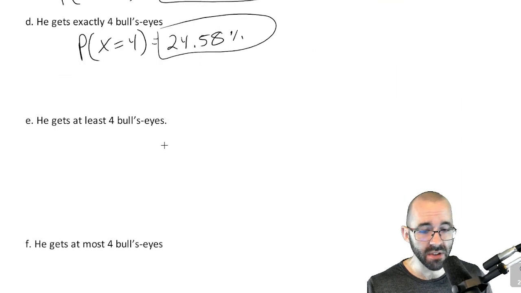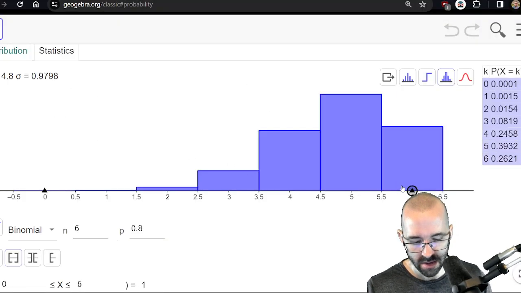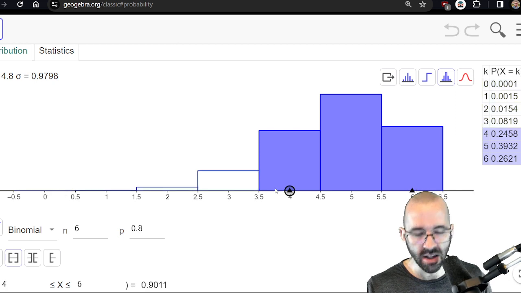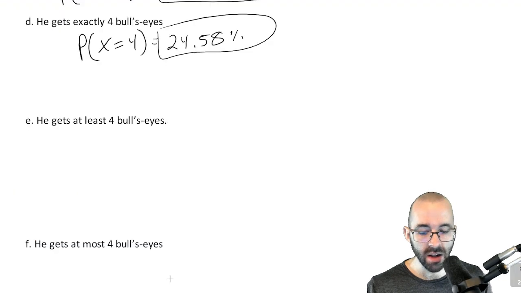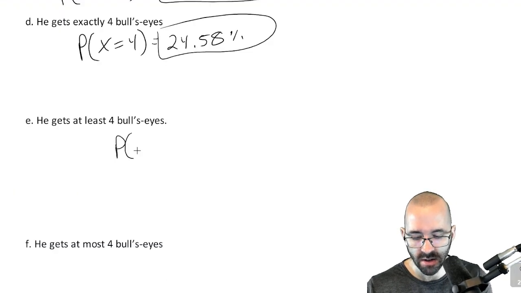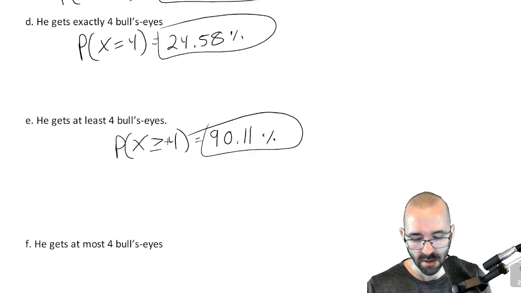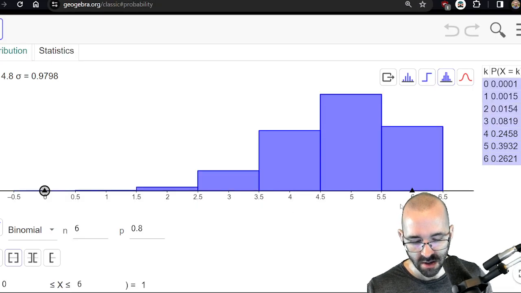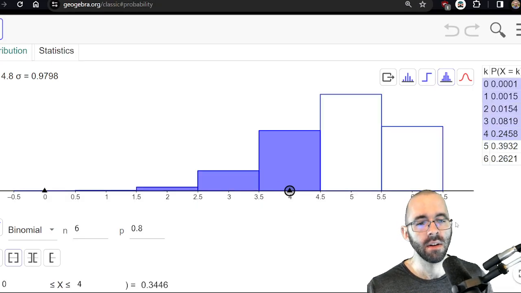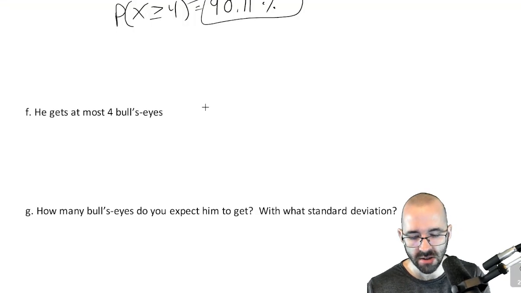At least 4 bullseyes, well, it's going to be 4 or more. 90.11% chance. At most 4 bullseyes, it's kind of the opposite. 4 or less, 34.46.